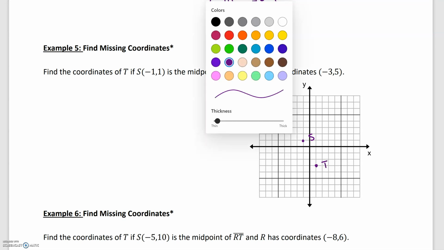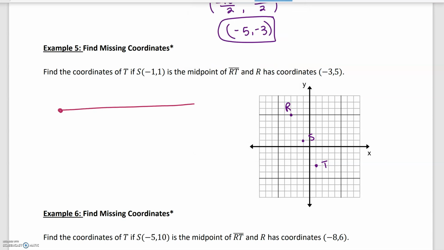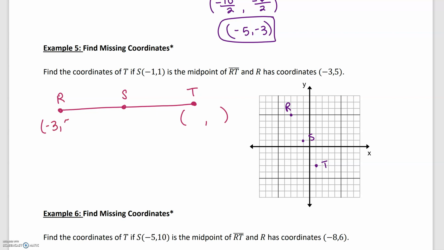The other way to do it, if you don't have a coordinate plane, is to make almost like a little number line. And we have our R, our S, and our T. And we don't know T, so we just leave that as a blank one. But we do know R, and we do know S. And what we do is we figure out, how do I get from this X to this X?